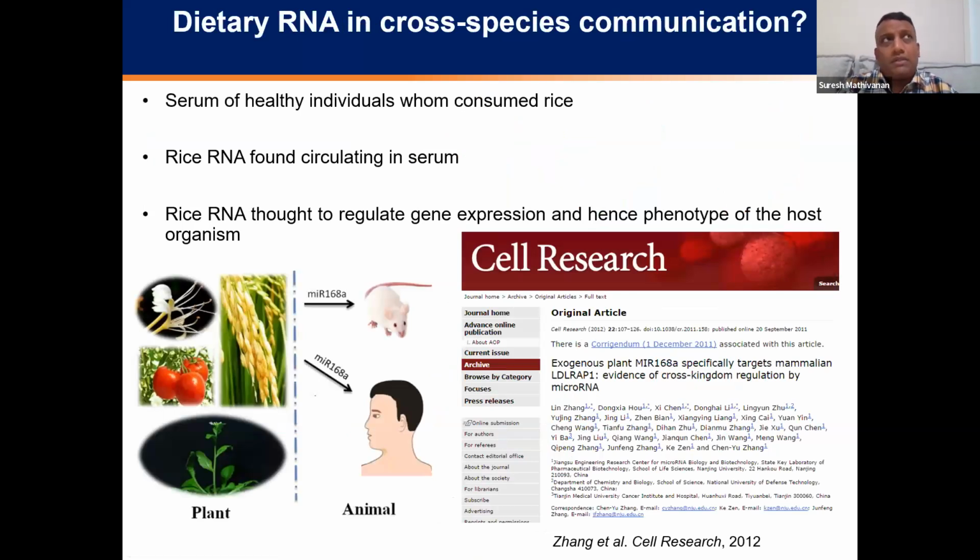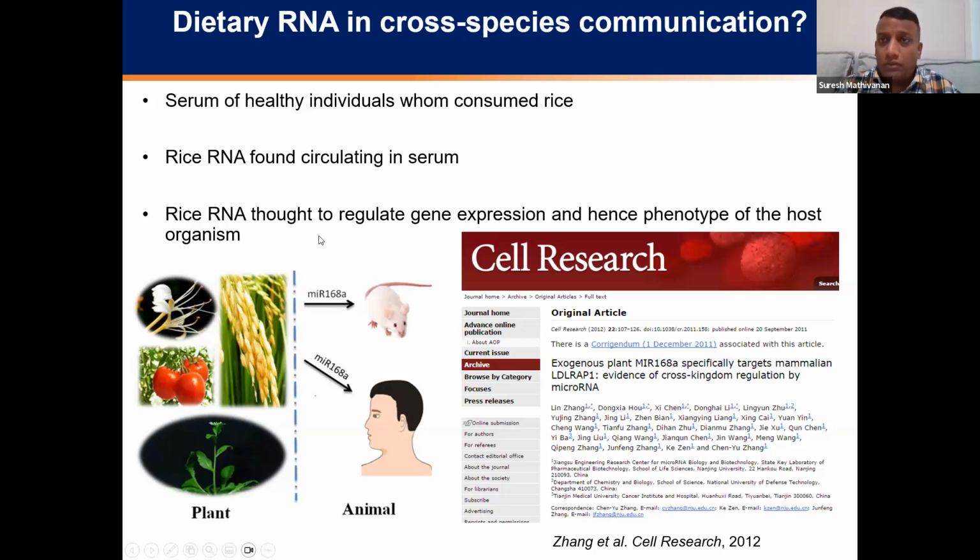So this particular study started in 2012, almost a decade ago, when a paper was published in Cell Research by a group at Nanjing University in China. What they proposed was, when an individual is consuming rice, they were able to pick up rice RNA circulating in the serum of the people who consume that rice, right?